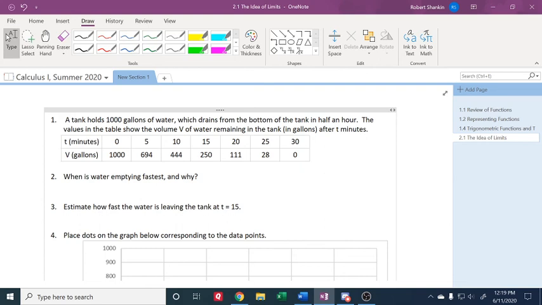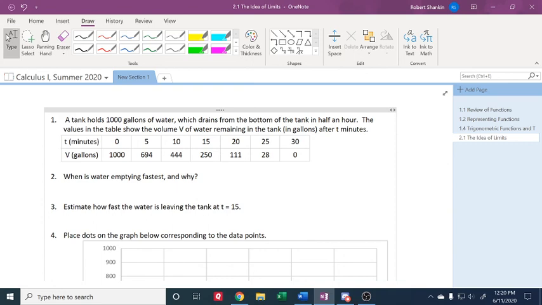I don't know, about half the water-ish. Like at least 300 gallons have gone out of the tank by the time that 5 minutes has passed. That's the most of any other 5-minute sector.